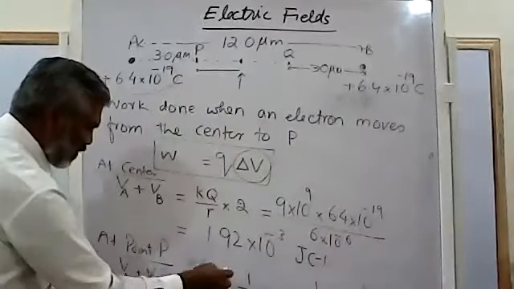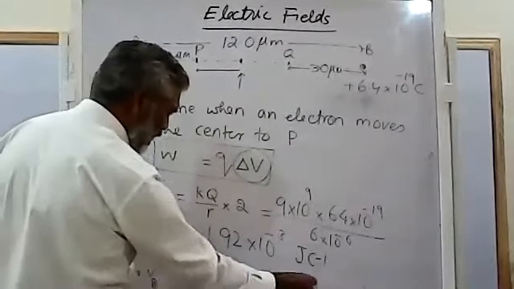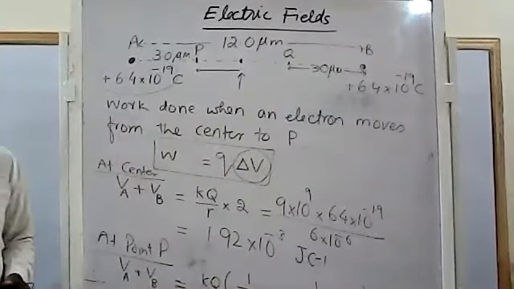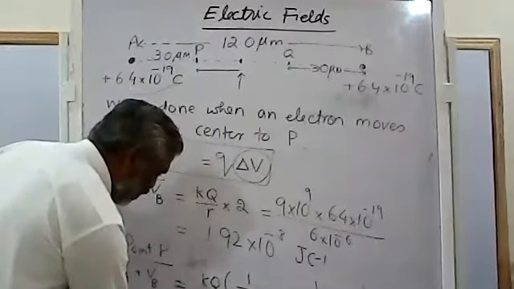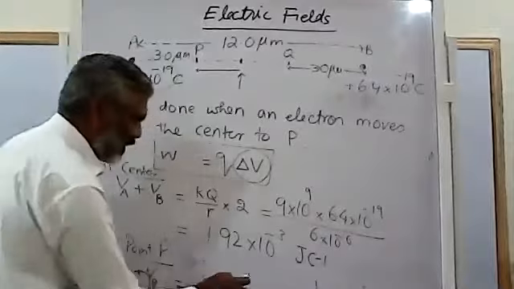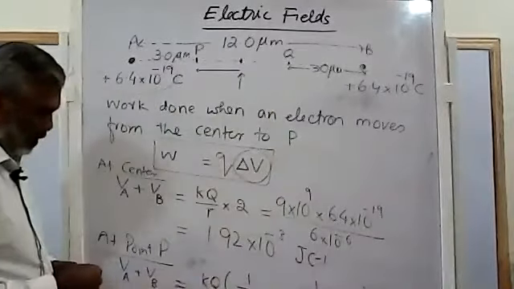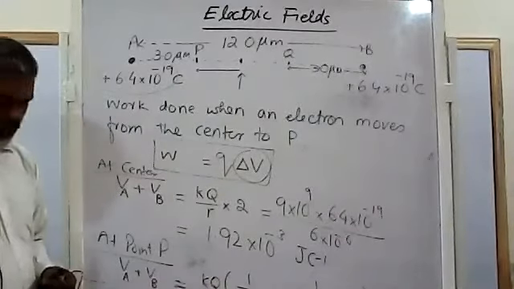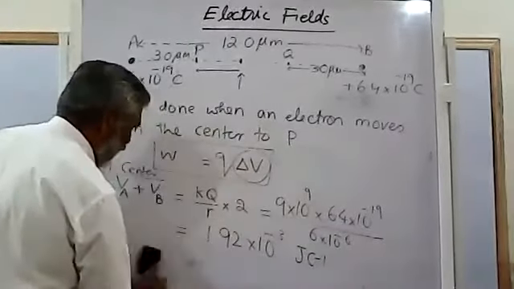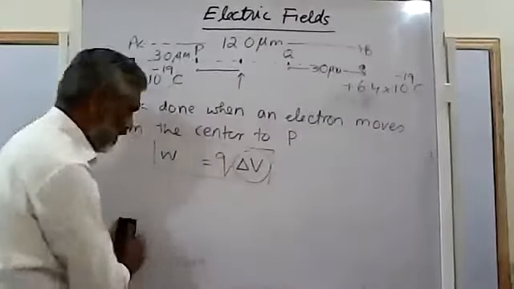This is the number that we have to simplify. K is already known, Q is already known, and this is to be simplified. And this number I found to be 2.56. Let me write on this side so you can read it clearly. I think I should write here now, removing this, so you can clearly read the values.